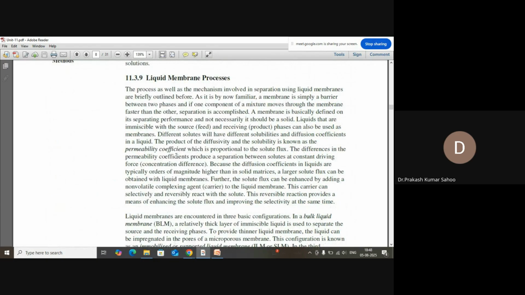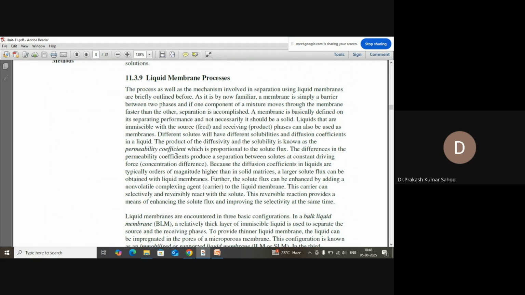Then the liquid membrane process. In this process we have two-phase barriers. If one component of a mixture moves through the membrane faster than the other, separation is accomplished. A membrane is basically defined on its separating performance and not necessarily should it be a solid.